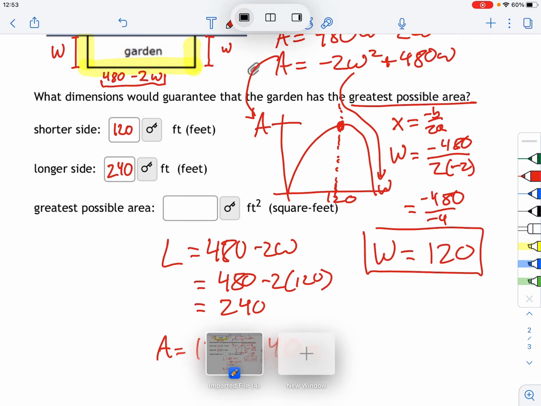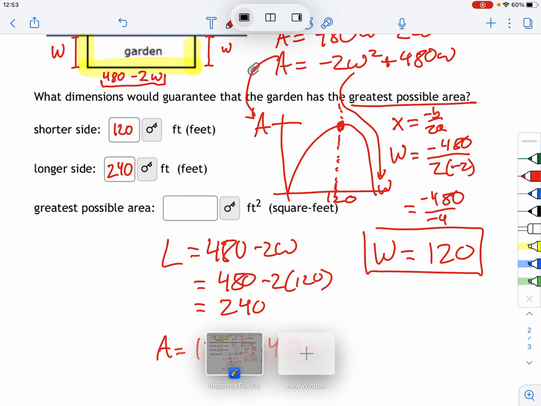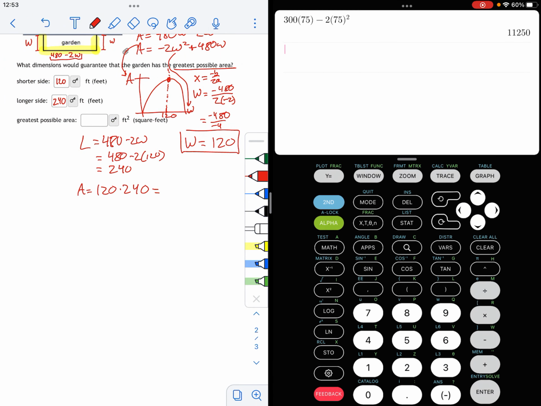And probably I should be able to do that. 12 times 24 would be 24 plus 48. You know what? I better do this. I'm going to make a mistake on video, and then we'll have a video that's wrong.